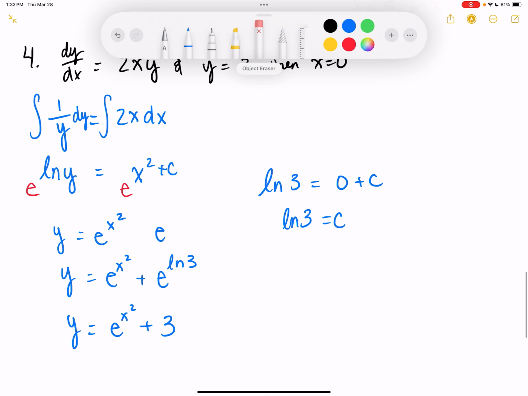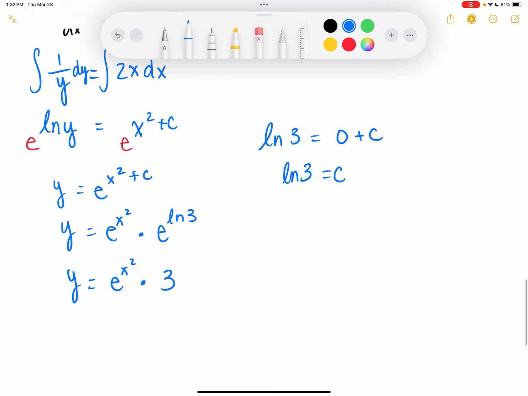And then still plus c, and here this would be e to the x squared times e to the ln of 3, because I can split it, right? When I add the exponents, I can split it and they're multiplied because they have the same base, which now gives me that when the stuff cancels. And so the final is y is equal to 3 e to the x squared.